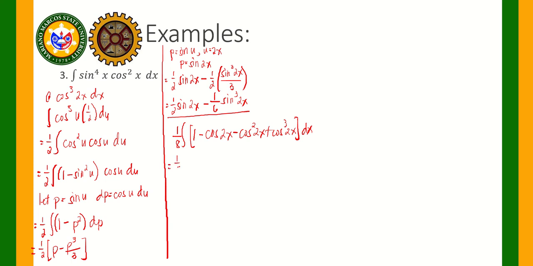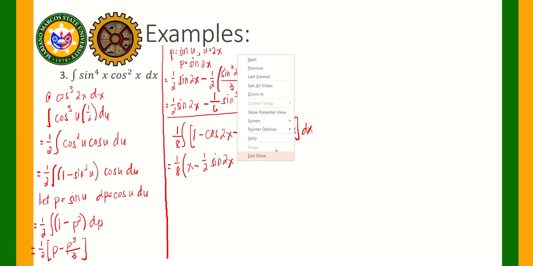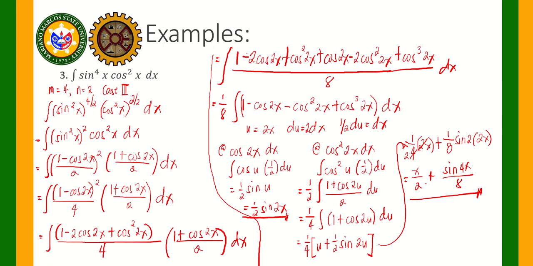So, this will be equal to 1/8 times, that is x, minus 1/2 sine 2x, and then minus x over 2, and then ito, si x over 2 plus sine 4x over 8.